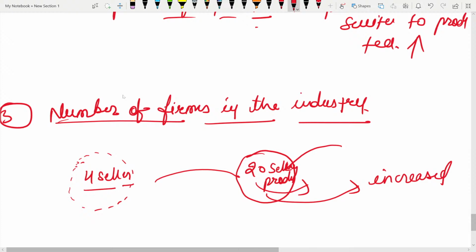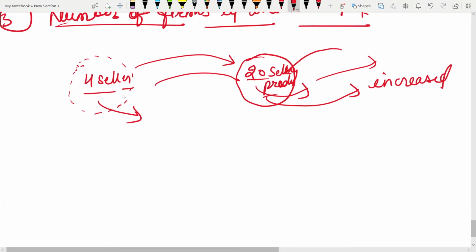Here four sellers or producers are producing goods but with limited supply. But as producers are added in the market, the quantity supplied by producers increases. In this way, we can see the number of firms matters to determine the supply.